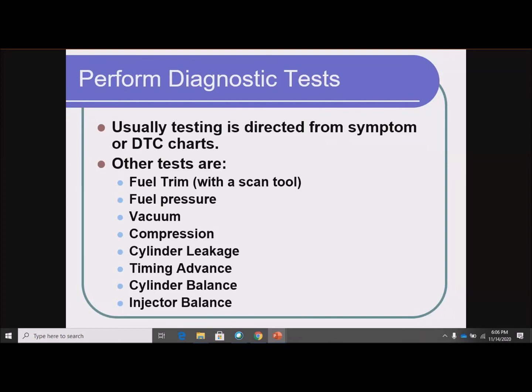But it's a very quick way of looking for one bad cylinder. One burnt valve, one cracked piston, or something like that. So hopefully this is giving you sort of an overview. And we'll spend the next few weeks getting into all of these individual tests.